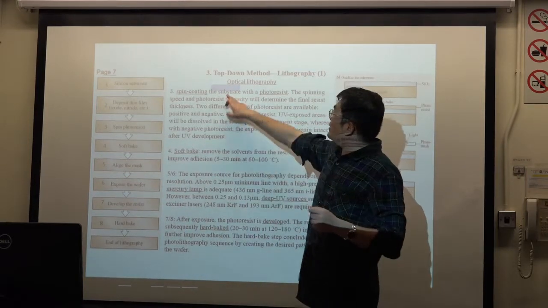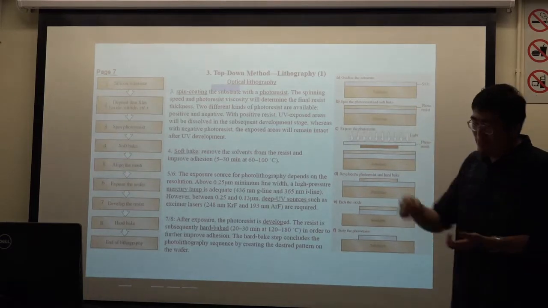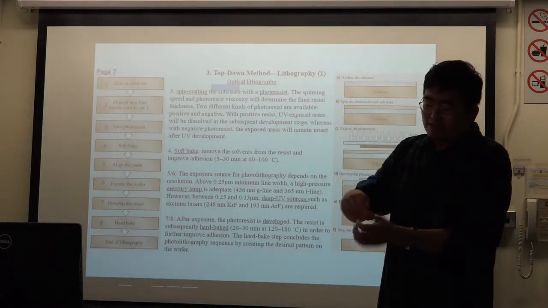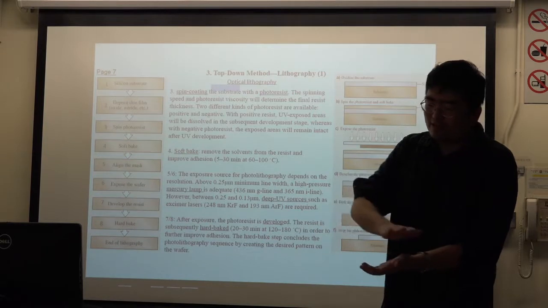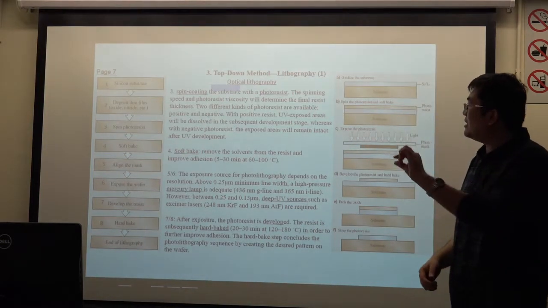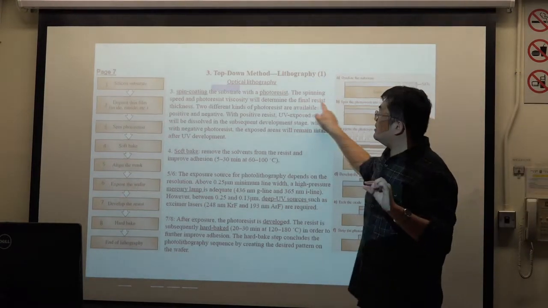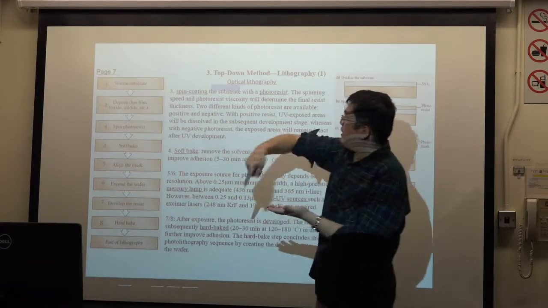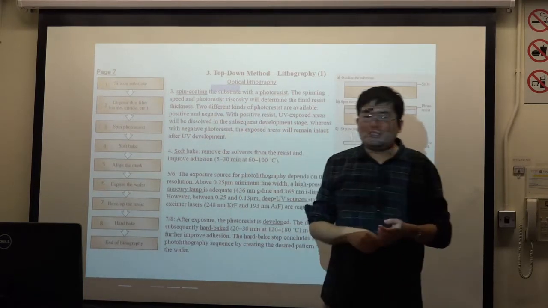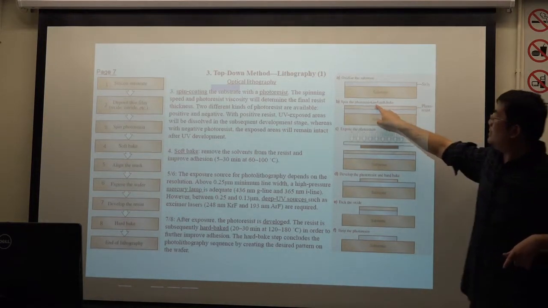We spin coat the substrate with a photoresist. Spin coating uses a photoresist solution and then rotates it, and the method is very uniform. The thickness of the resist depends on the speed and the viscosity.